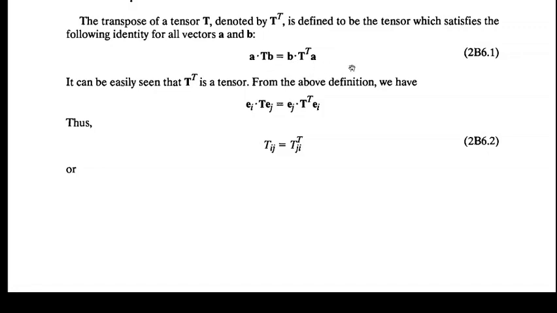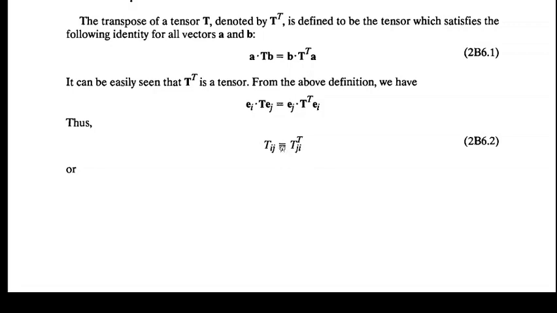Now you have to show that this transpose is a tensor. These are the components: EI dot TEJ equals EJ dot transpose of T EI. Now this is simply TIJ, and this is TJI of the transpose.